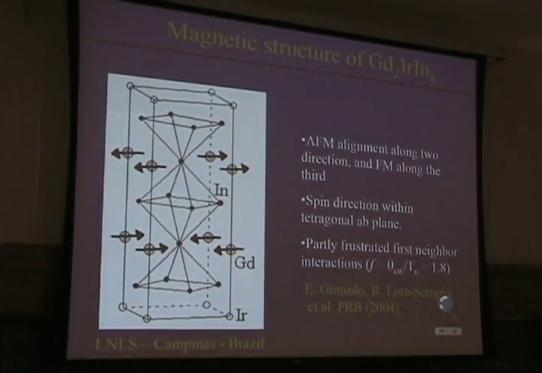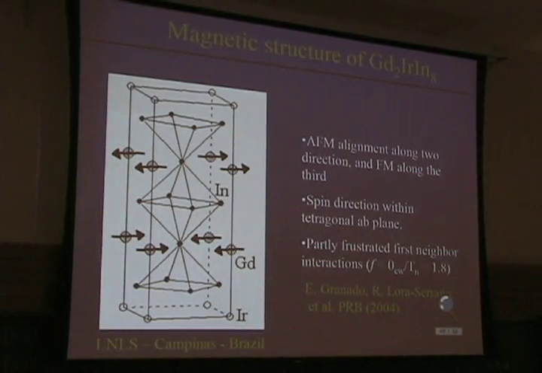Okay. So to conclude, I want to know the magnetic structure of each member. I want to know how the magnetic structure evolves in the series when it changes from 115 to 118, exchanging rhodium, iridium, cobalt, and so on. So we did very hard work to determine the magnetic structure of many of these materials using X-ray magnetic diffraction at the Synchrotron Laboratory in Campinas.